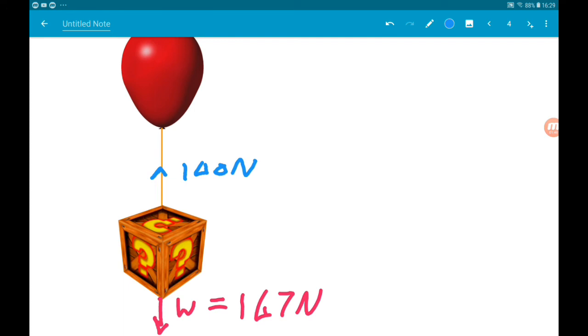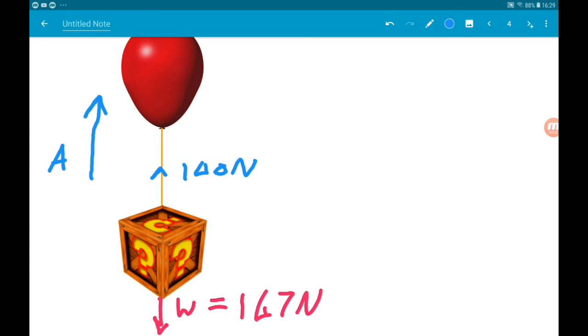If the box is going up, air resistance is acting down. If the box is going down, air resistance works up. So, I'm going to think of air resistance as an upward force to start off with, and I'm going to call it A. If we calculate A to be negative, that means it's actually working downwards. If positive, it's working upwards.